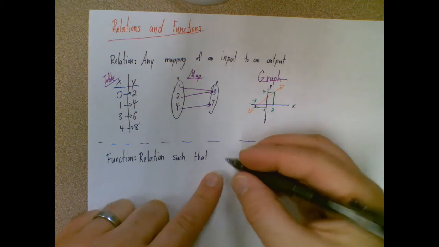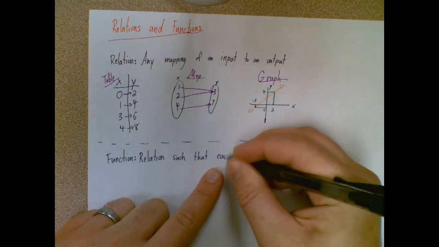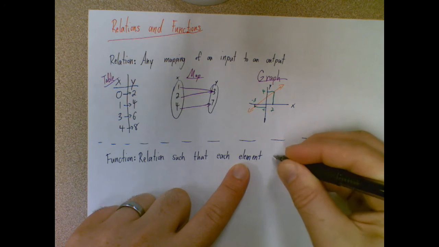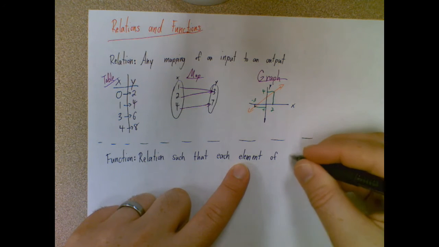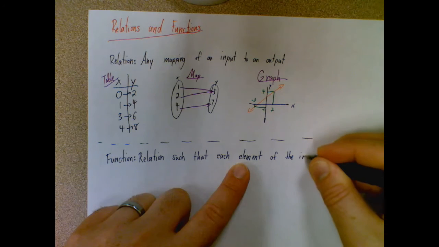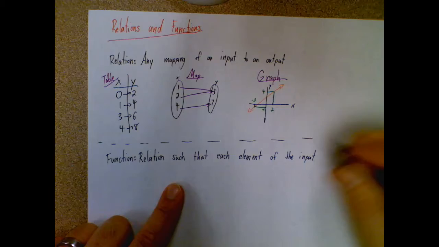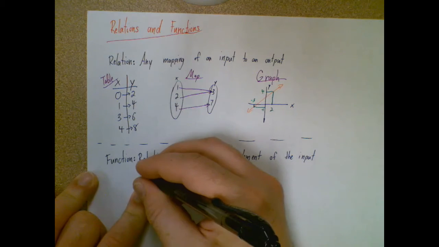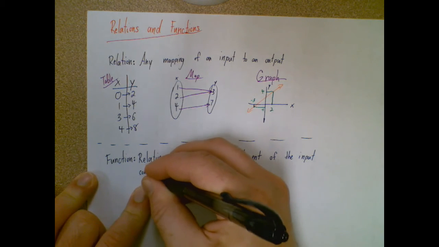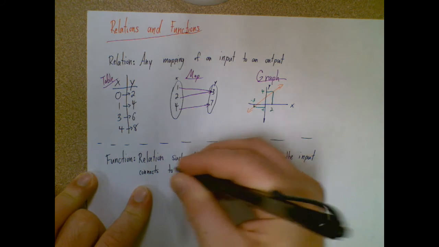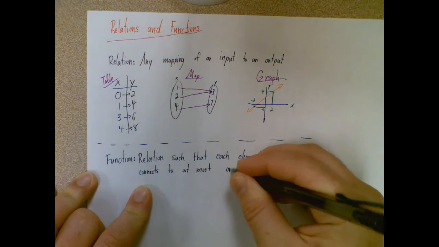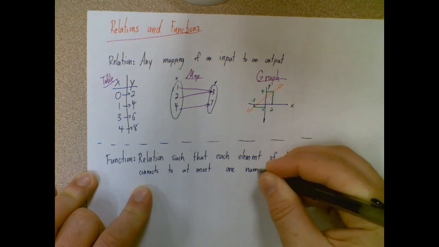So it's a relation such that each element or each number of the input, which we'll put a name to later, so for each input number, connects to at most one number in the output.